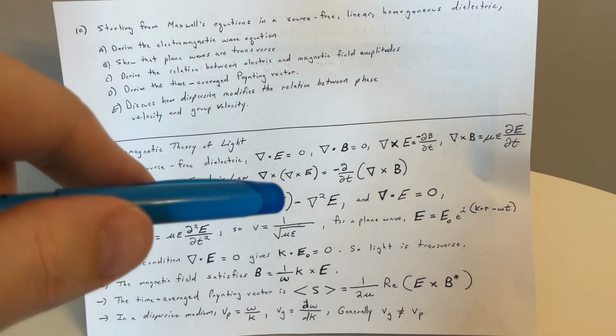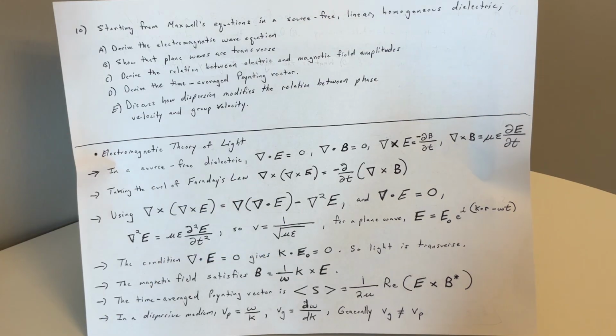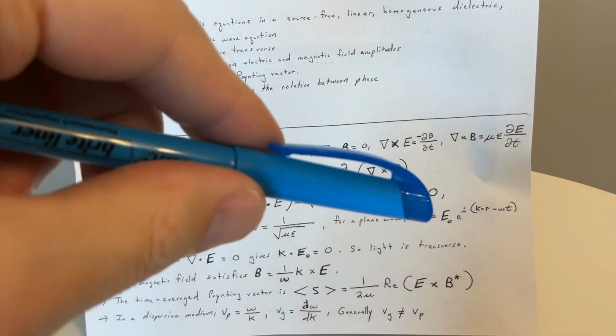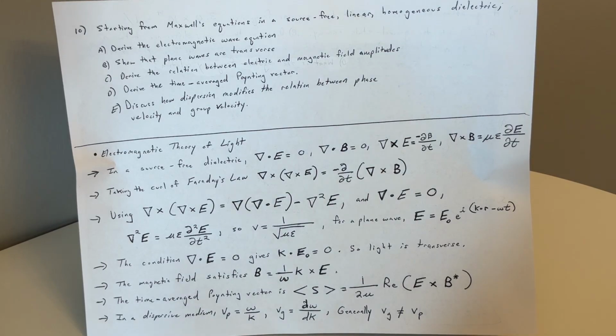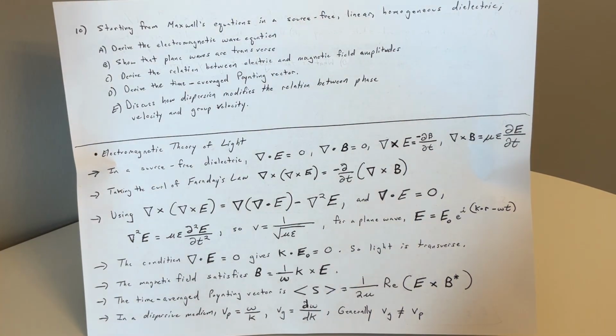So our v equals 1 over square root of mu epsilon for a plane wave, E equals E naught e to the i (k dot r minus omega t). The condition del dot E equals 0 gives k dot E naught equals 0, so light is transverse.